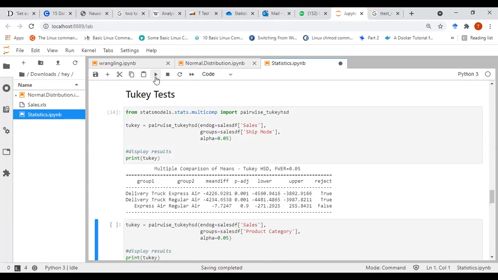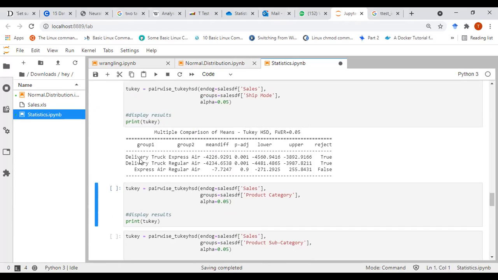Okay, so you need to put the Tukey test. So let's do the Tukey test. Yeah, so the shipping mode, now you can see where the difference lies actually. What are the shipping modes I have here? Yeah, so I have these 2: delivery truck and express air, delivery truck and regular air, express air and regular air.